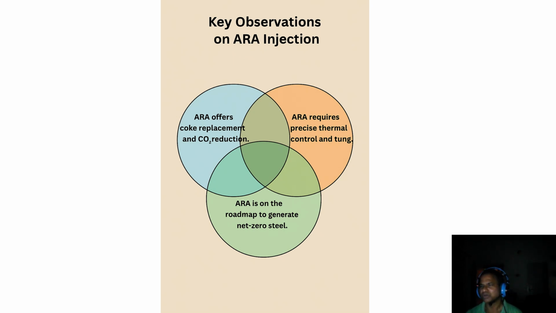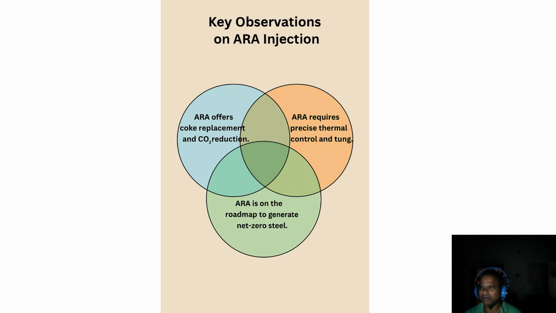So it is auxiliary reducing agent. What is ARA? These are materials like hydrogen, pulverized coal, torrefied biomass or waste gases injected through the tuyeres to partially replace coke. In this Venn diagram, we have the big picture.